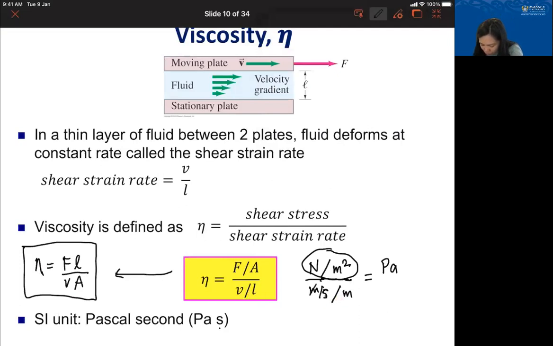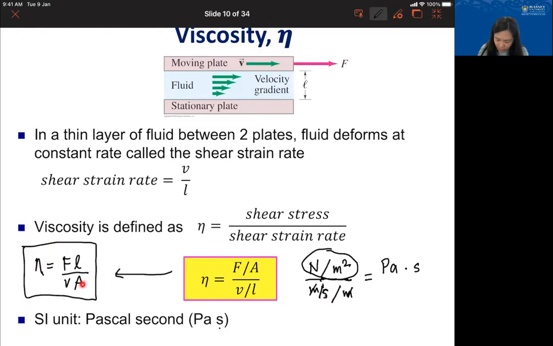The meters will actually cancel out, and the seconds is in the bottom of the divide sign, so that will actually go up. I think it will be easier to work out the units looking at this rearranged simplified form for viscosity.